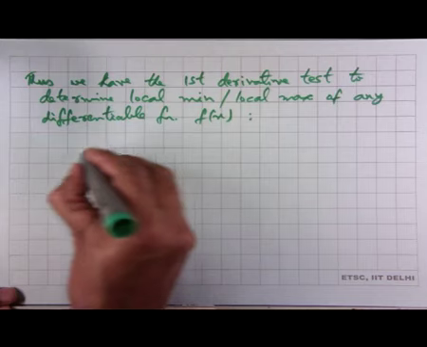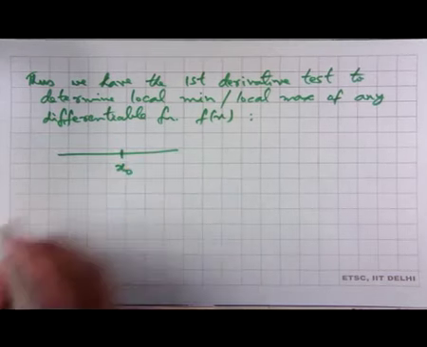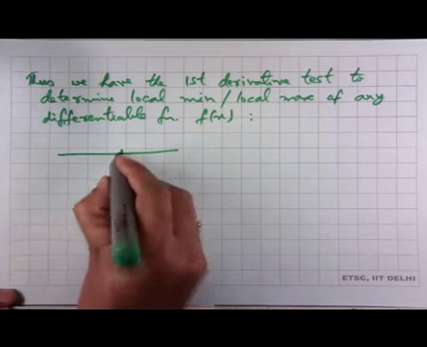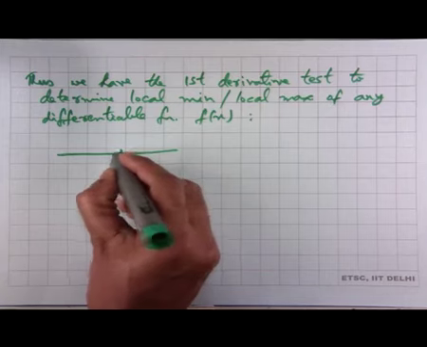If we have this x naught, and to the left of x naught we want for local minimum this should be decreasing.